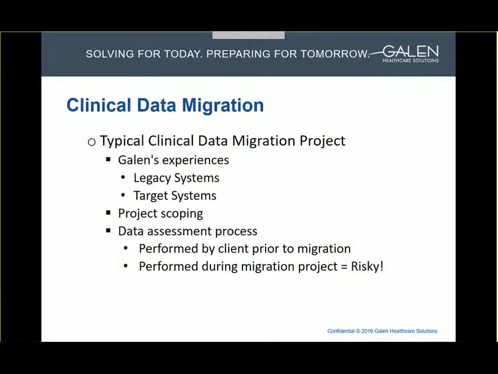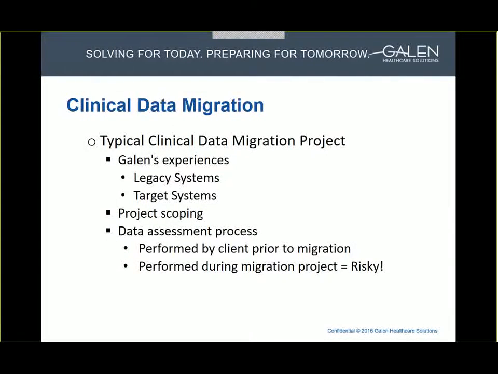And we've successfully migrated this data into systems such as Epic, Cerner, Allscripts, and Meditech. Generally, the type of data being migrated includes some, if not all, of the most common types of patient and clinical data, which includes demographics, problems, medications, allergies, immunizations, encounters, results, vitals, notes, and scanned images.